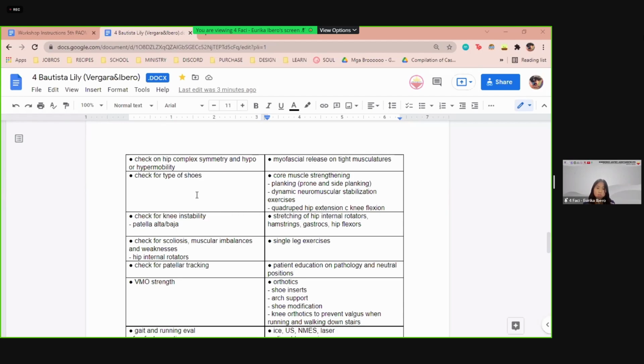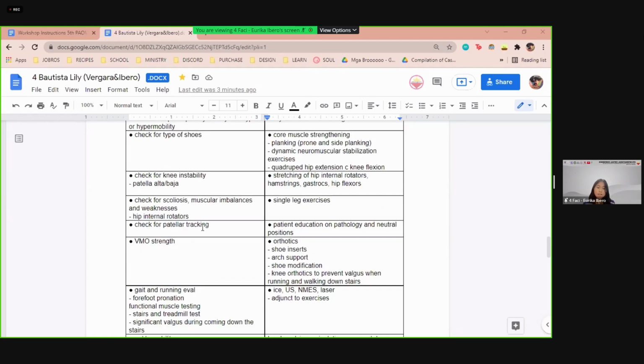We're also going to be checking for hip complex symmetry and hypo or hypermobility. Also, we have to check the type of shoes the patient typically wears. Check for knee instability, whether there's patella alta or patella baja. Also, checking for scoliosis, muscular imbalances, and weakness and tightness, particularly of the hip internal rotators.